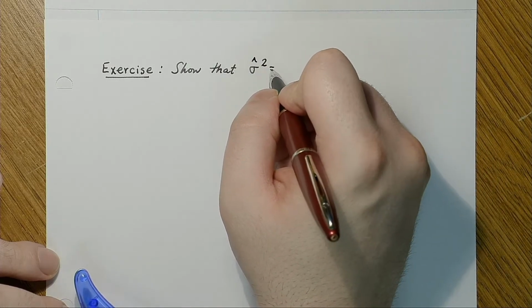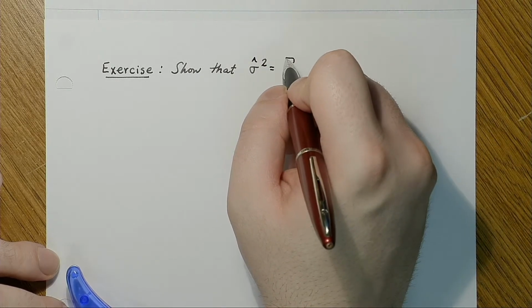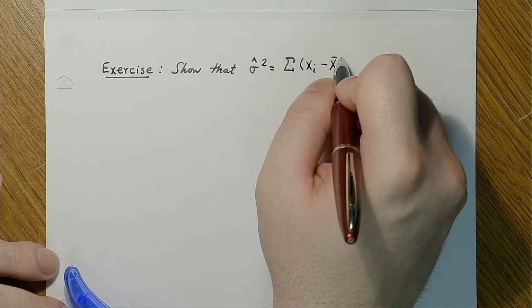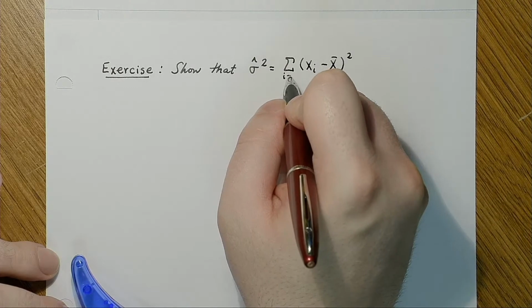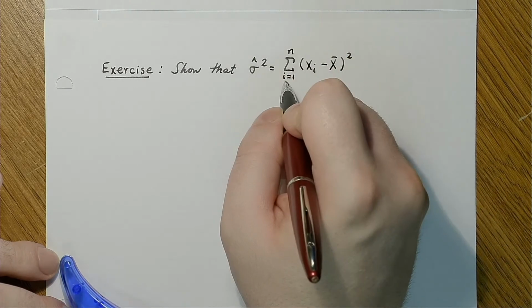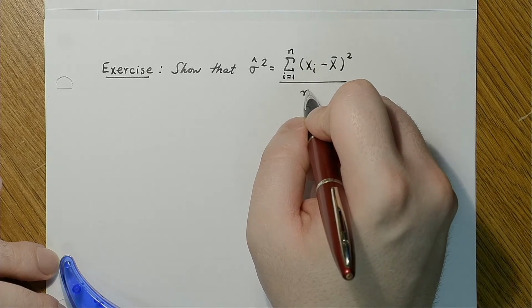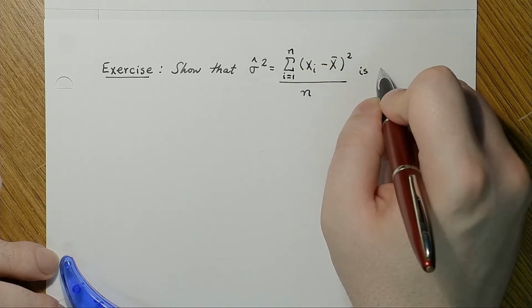This is a different estimator. So instead of using n minus 1, we'll use just n. Show that it's biased.